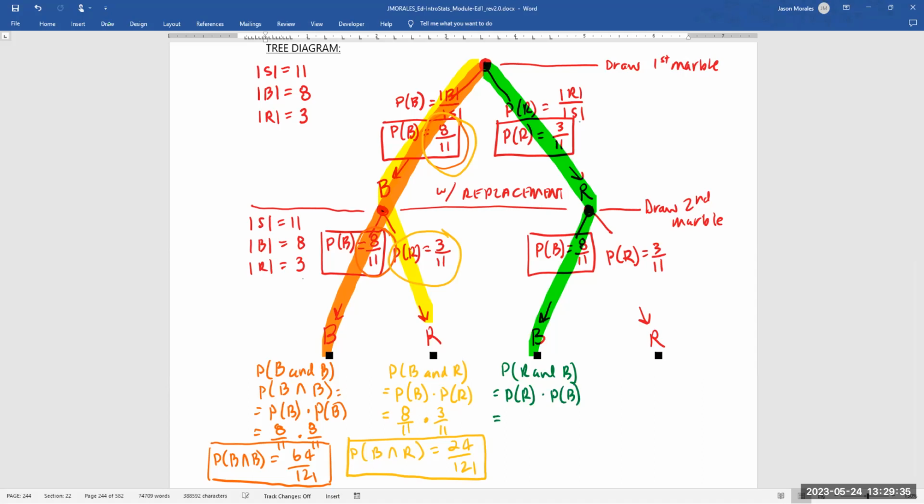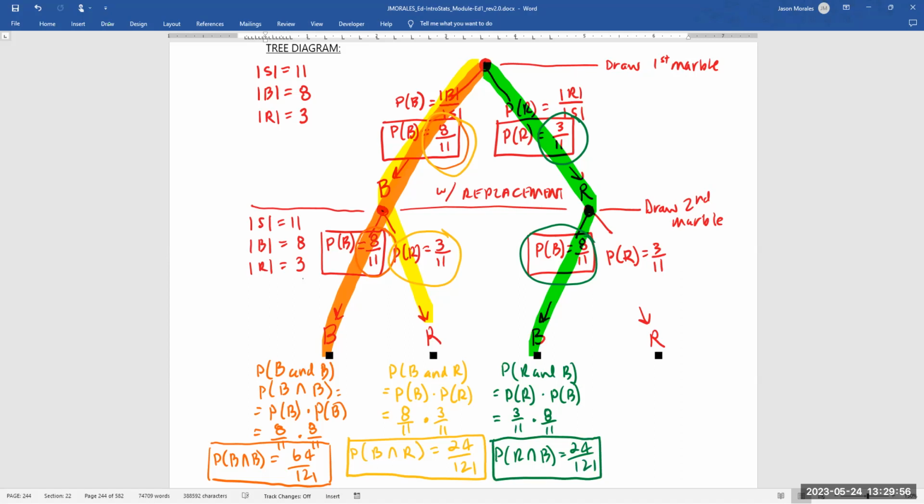And so the probability of red first was 3 out of 11, and the probability of blue second was 8 out of 11. So the probability of red and blue is again 24 out of 121.